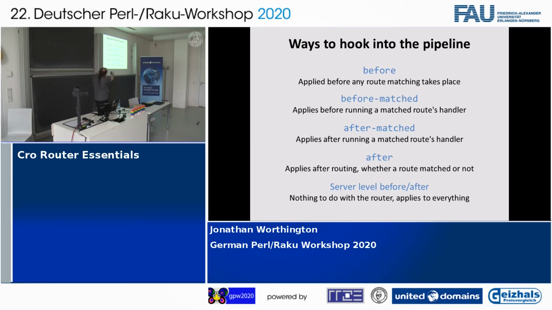And we can stick it before we try and match a route. We can stick it before we run a matched route. Okay, so if we didn't find a route handler for it, they'd never run this one, but we would run this one, the before. And after matched and after are the same. You can also install the middleware at the server level instead of inside of your route block.